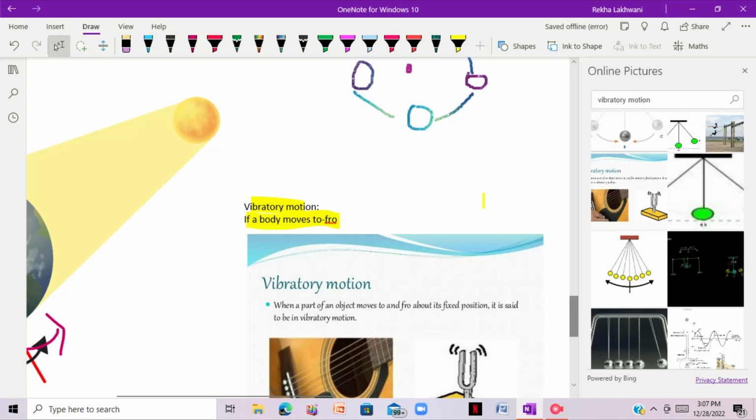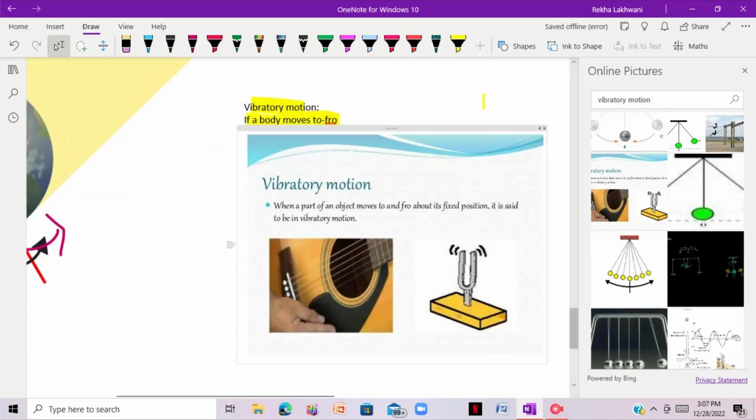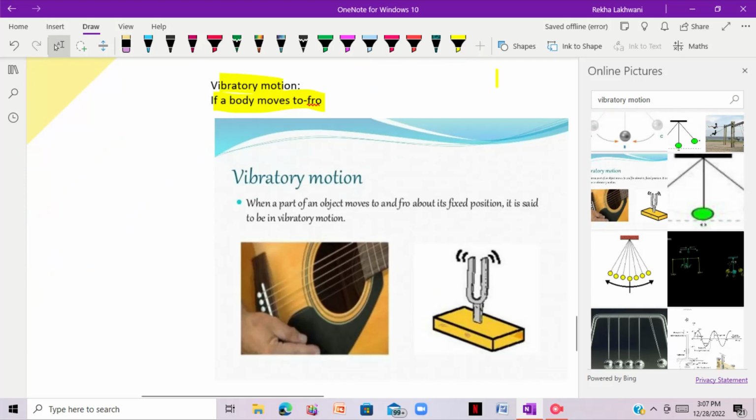For example, this guitar. If you touch it with your hands and try to move it, the strings actually vibrate. So this is an example of vibratory motion.